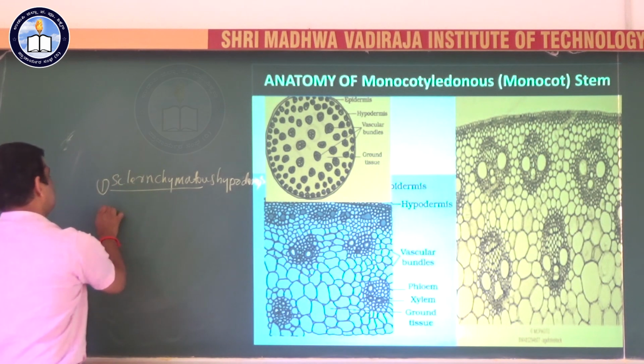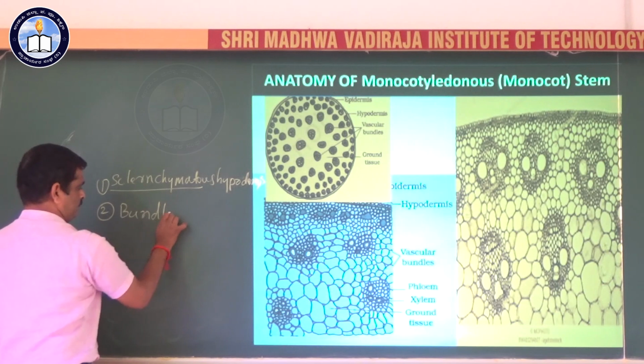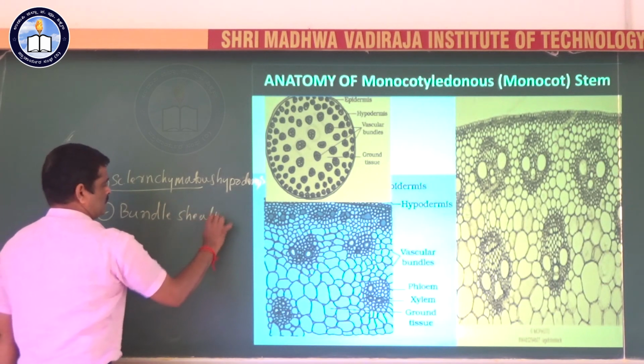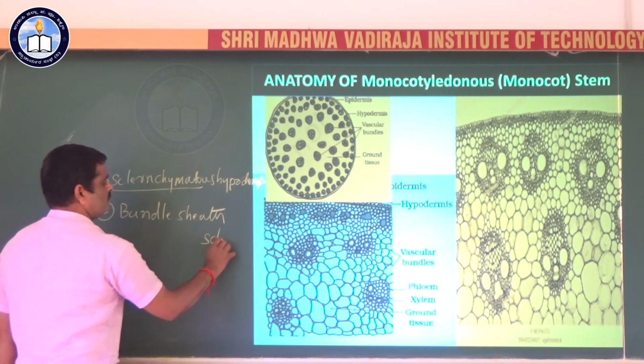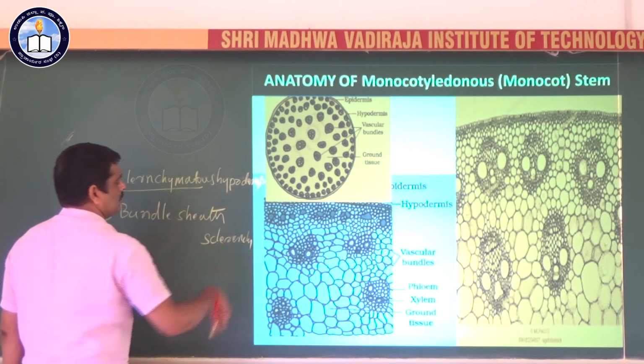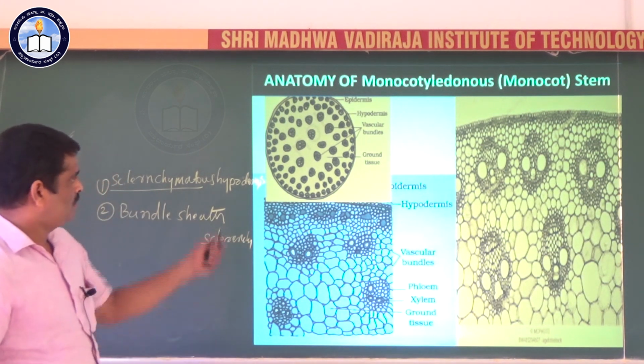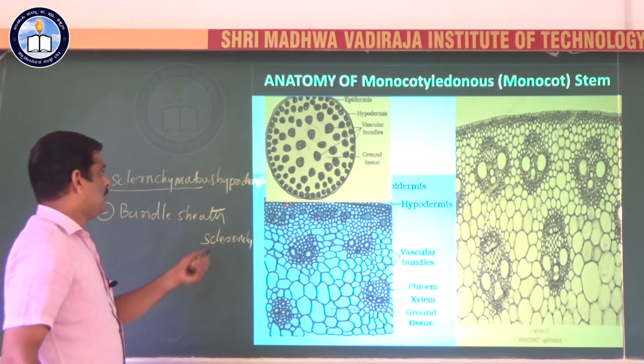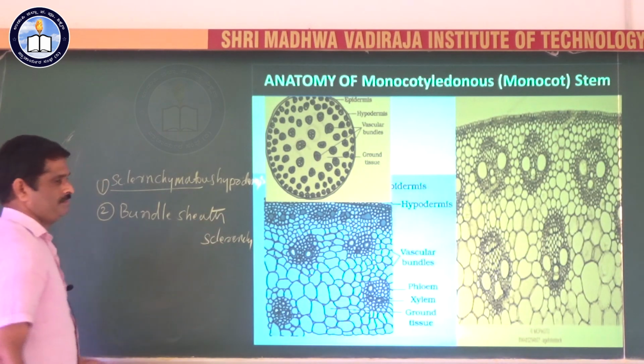The vascular bundle is surrounded by the bundle sheath. That bundle sheath is also made up of sclerenchyma. Sclerenchymatous bundle sheath is present.